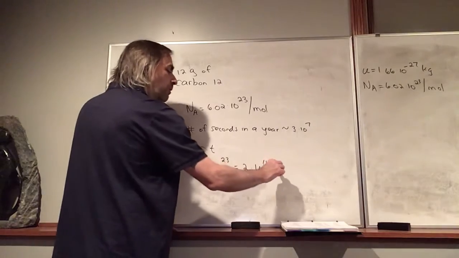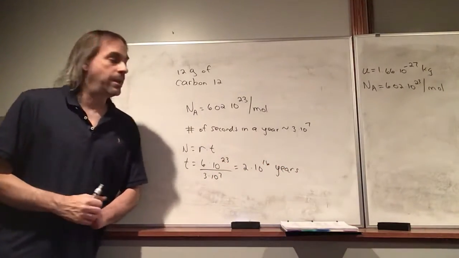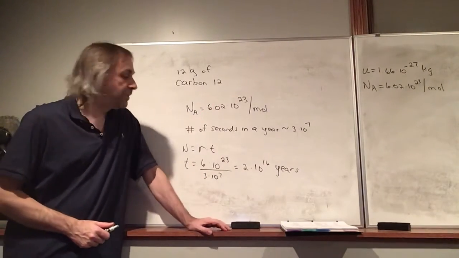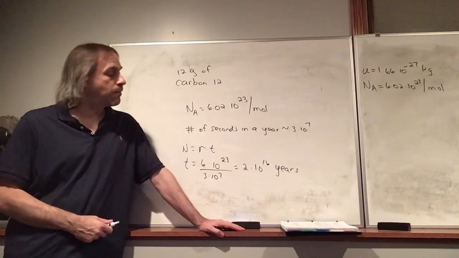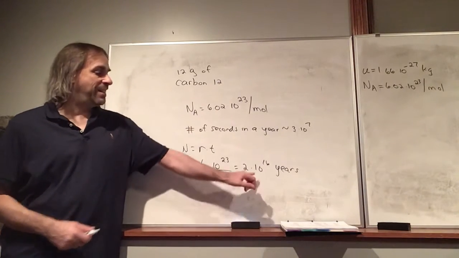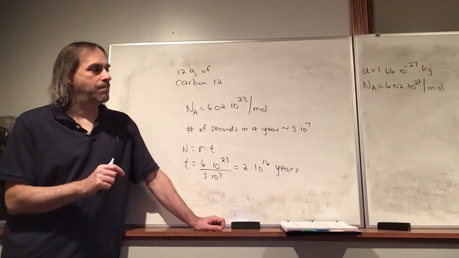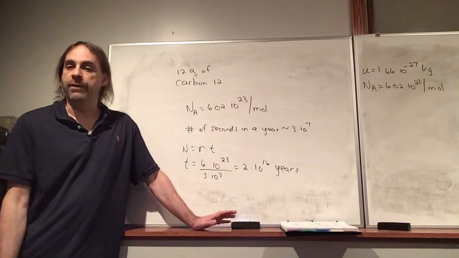That's how many years it would take you to count the number of atoms in 12 grams of carbon. It would take you this many years if you did nothing but count at a rate of 1 per second. So 10 to the 16, that's 10 million billion years. Way beyond the age of the universe.